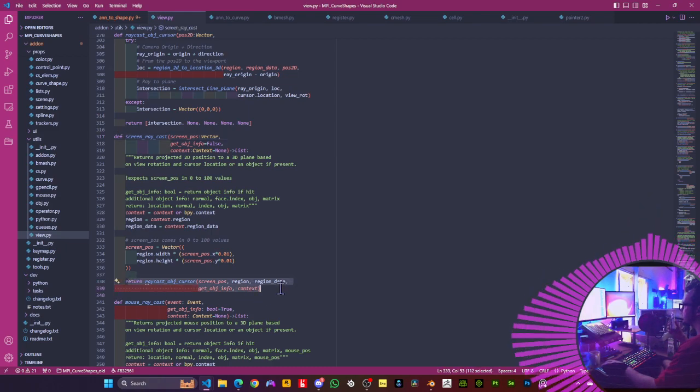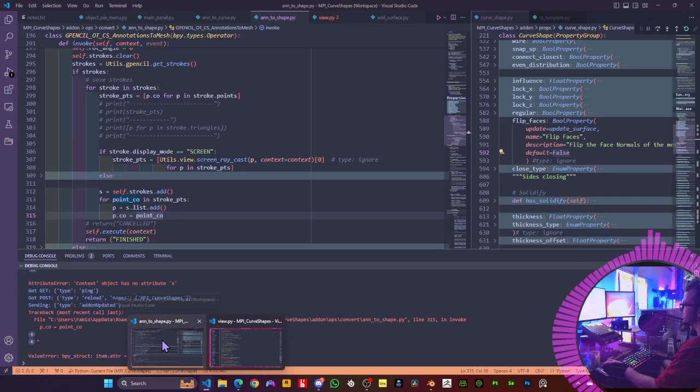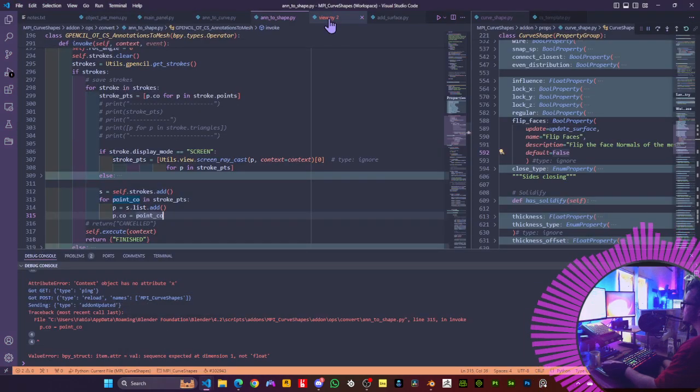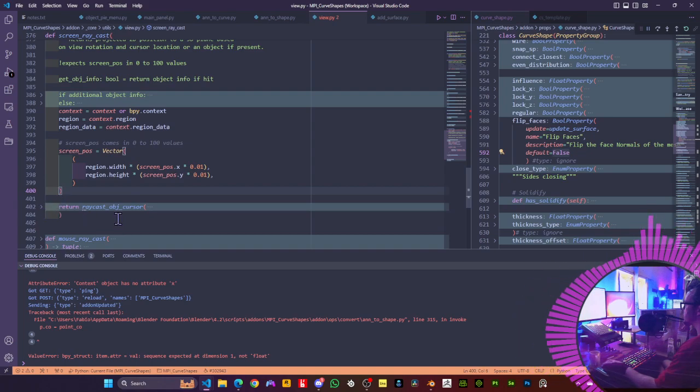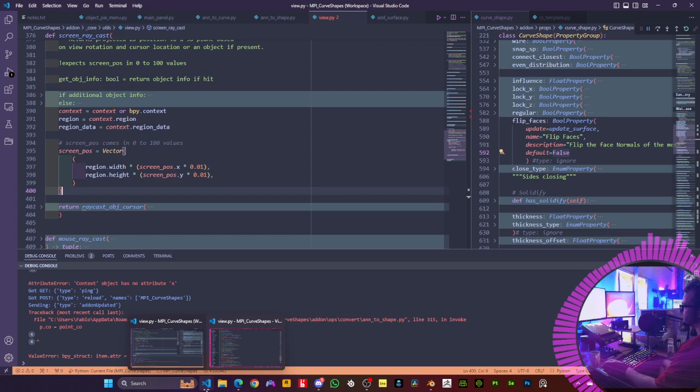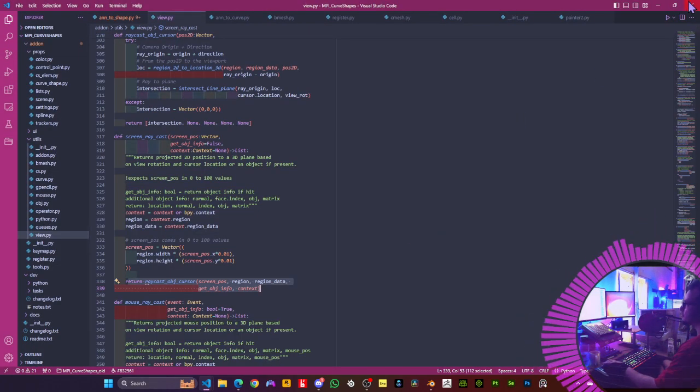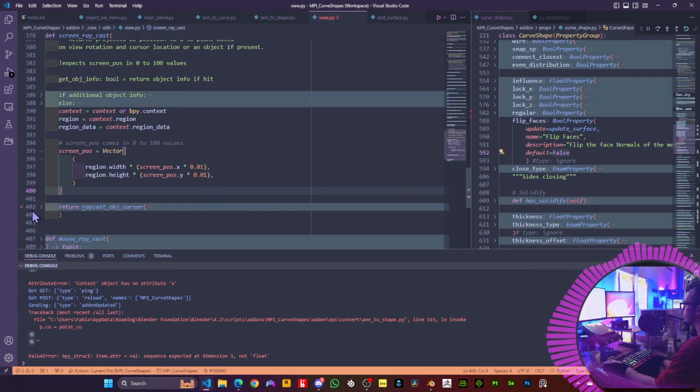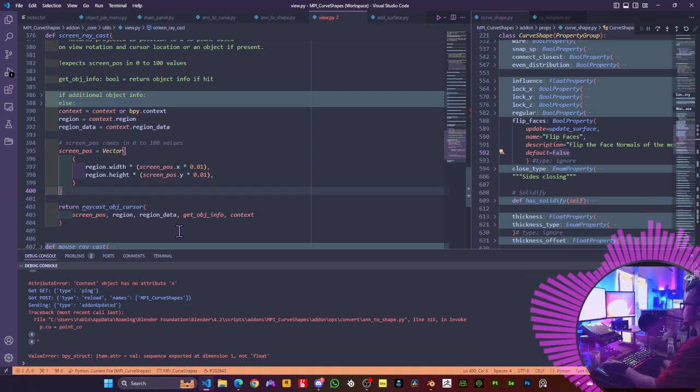There's a return here. Idiot. There is a return. It's just a function, so I kind of didn't even notice that. Okay. Raycast object cursor, that's what it returns.